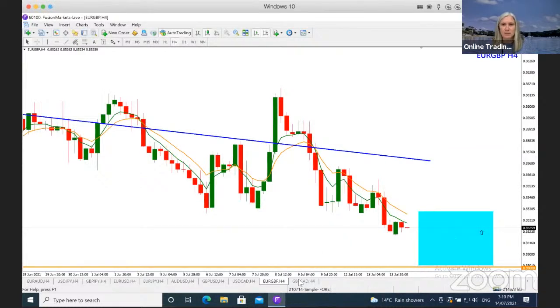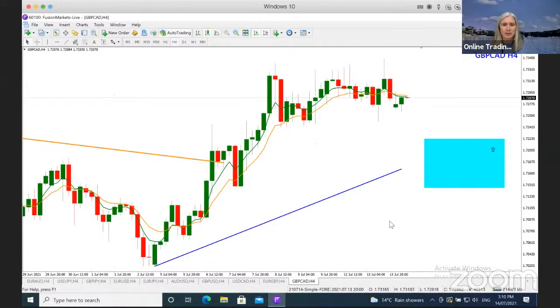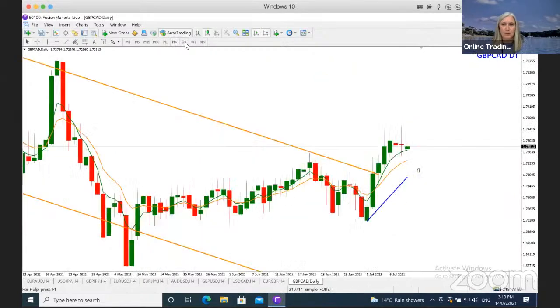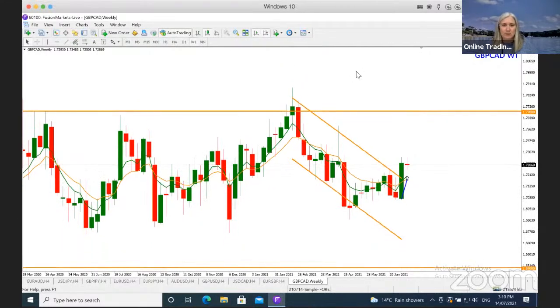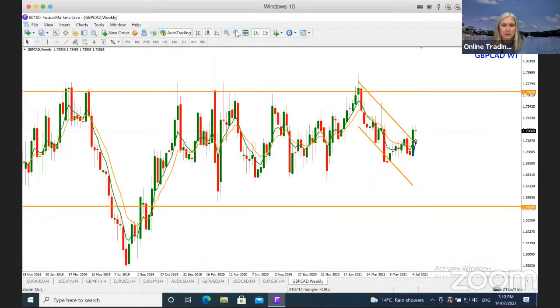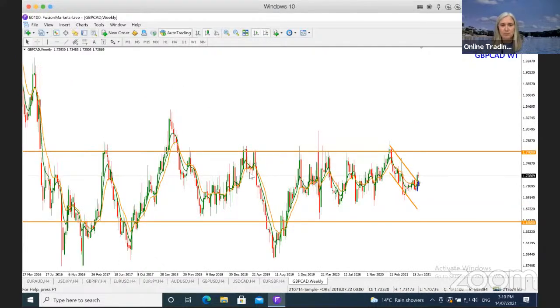And the last currency pair I'm going to have a look at is GBPCAD. GBPCAD on the higher time frames. This one is really, well, it is ranging between those 2 points, but there is also some kind of a bit of a resistance there as well.